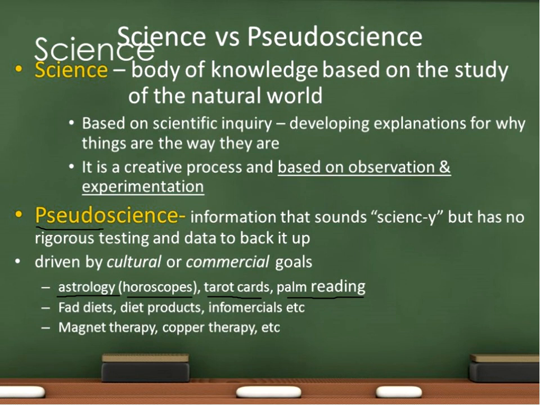You can't really put that in the scientific method. Certain things about some diets, infomercials, magnet therapy, copper therapy, religion, art, many things like that are all pseudoscience because they're based more on opinion. So make sure you're able to discuss the difference between science and pseudoscience, along with some examples that we just went over.